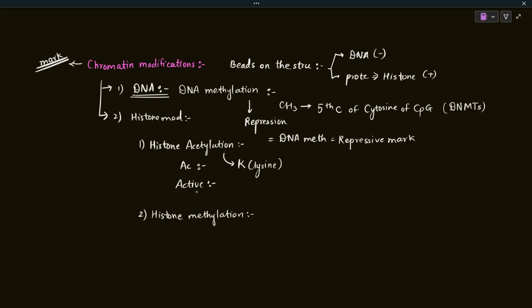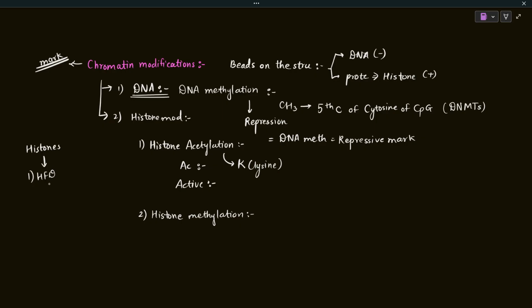When we learned about histones, they have a histone fold domain, which has been highly conserved across evolution.